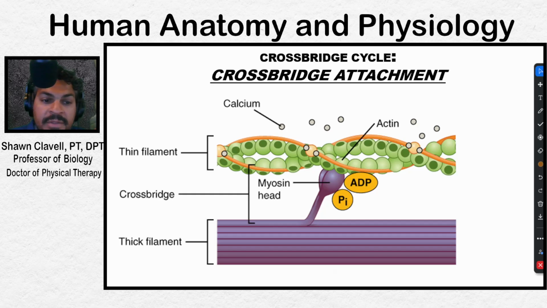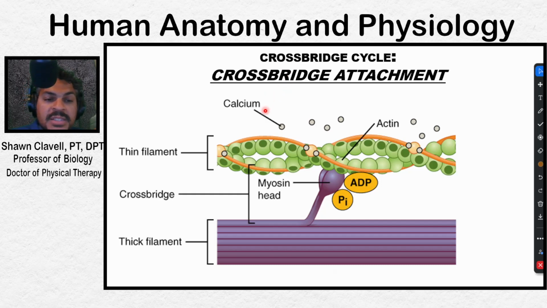In this picture, we have the actin molecules in green. You've got the long strand of tropomyosin in yellow here, and the tri-complex proteins of troponin. When calcium binds to troponin, it causes a shape change. These actin molecules are allowed to bind with myosin, and the first thing that we get is a cross-bridge attachment.